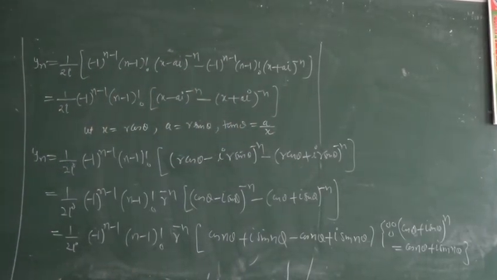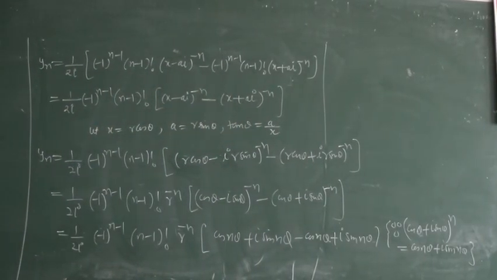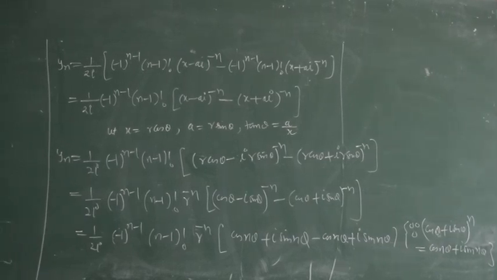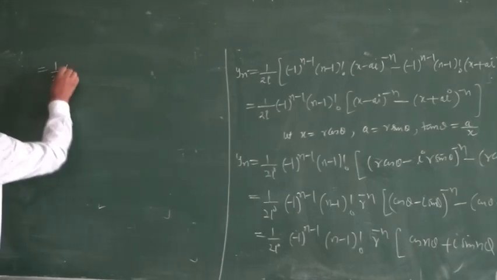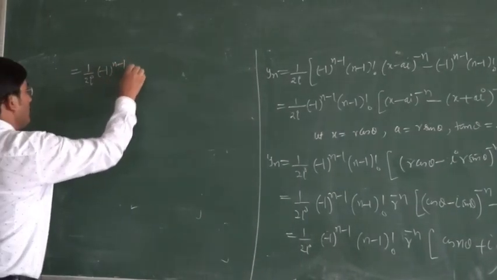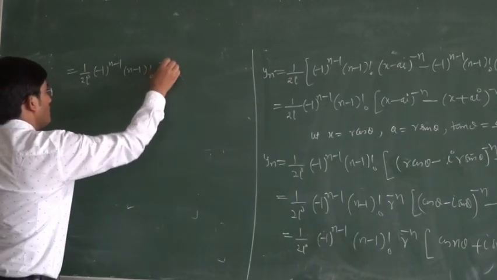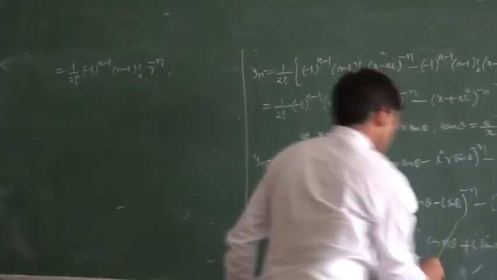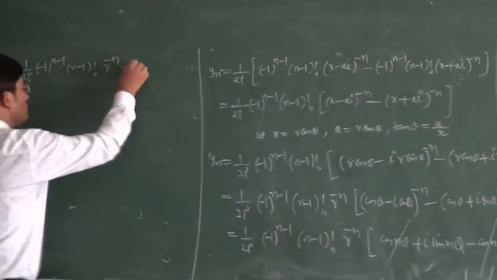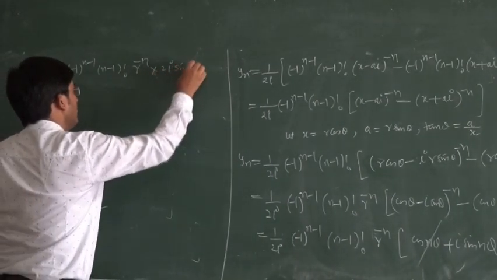So this is equal to 1 by 2i, minus 1 power n minus 1, n minus 1 factorial, r to the power minus n. Now this cos n theta is cancelled, so we have 2i sin n theta.